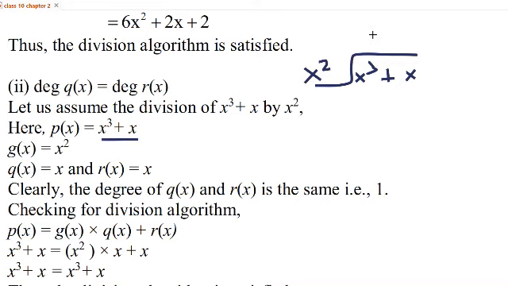So x square into x will give you x cube, right? And on changing the sign, these terms will be cancelled and we'll have x. Now what can be multiplied to x square to get x? Nothing. Why? Because the degree of this x is 1 and degree of x square is 2.